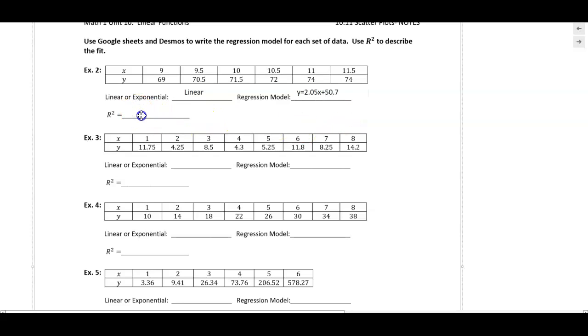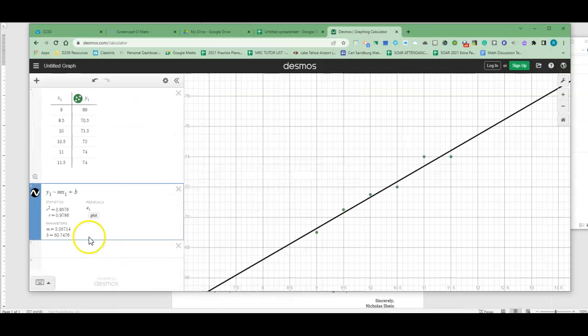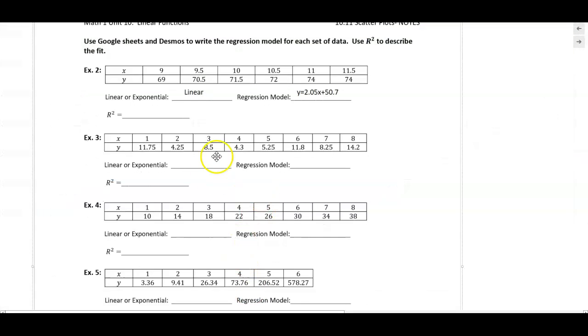The R squared value was 0.95. I get the R squared value from right here. It's 0.9576. And we are done. Okay, so let's take a look at another one.